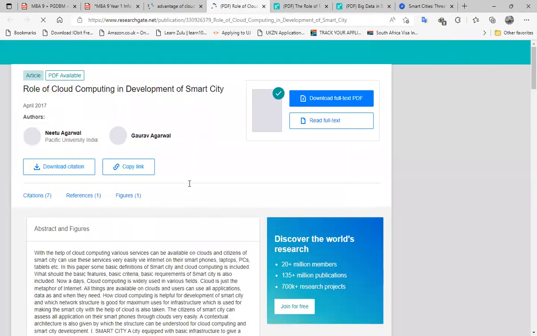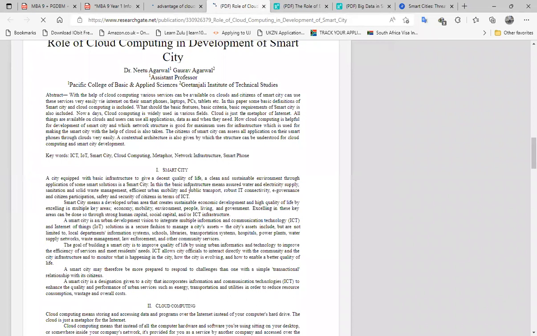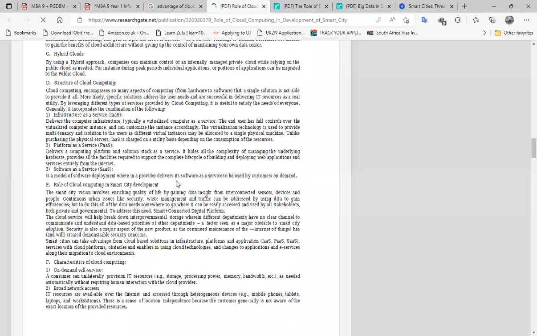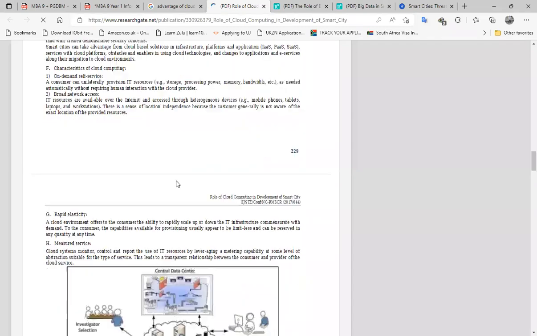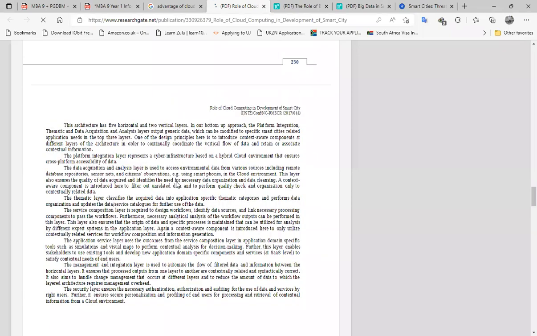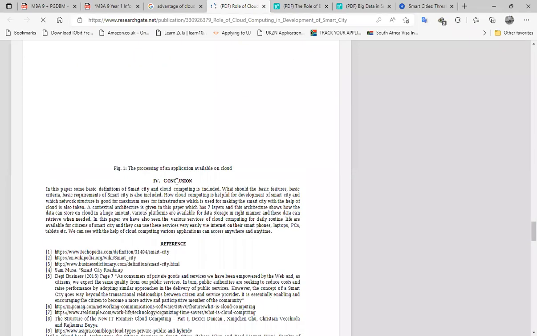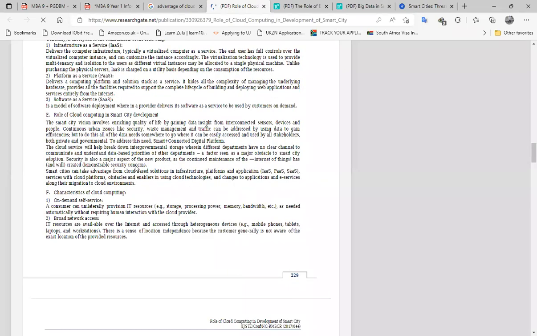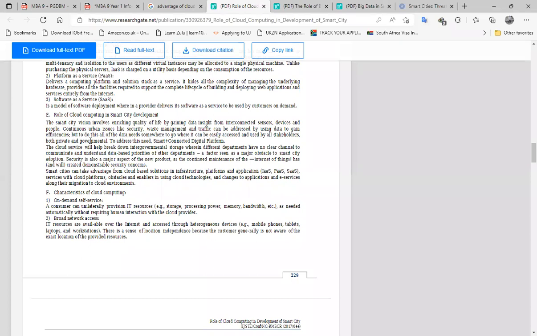The role of cloud computing, and so on. I didn't really do justice, because this is where they're talking about the role, but they didn't talk much.